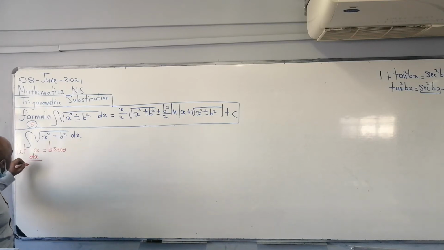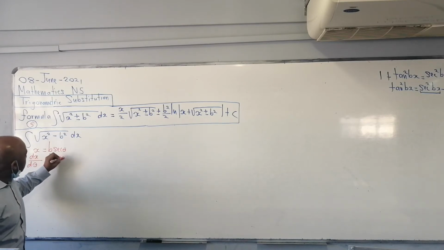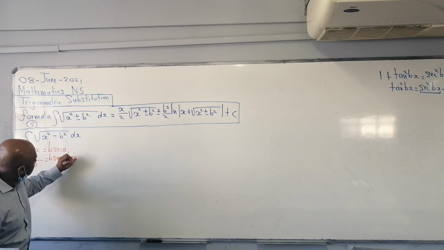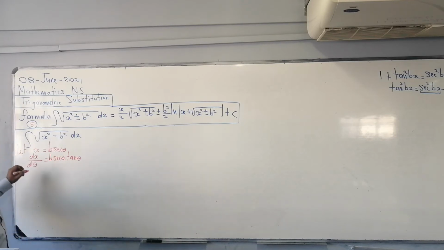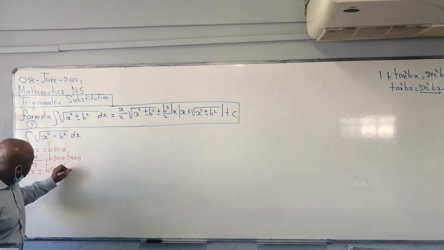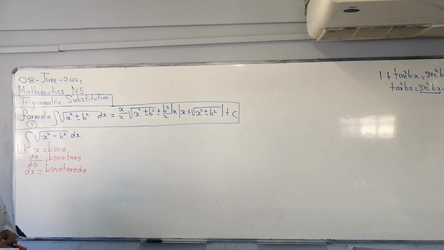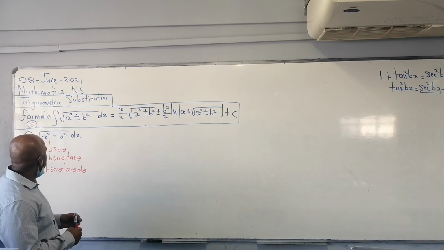So dx d theta, the derivative of b times sec will be b sec theta tan theta. So therefore, if I make dx the subject of the formula, it's going to be b sec theta tan theta d theta.